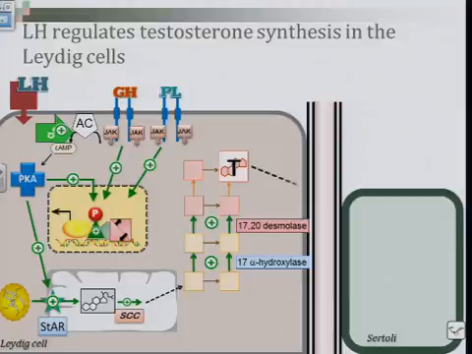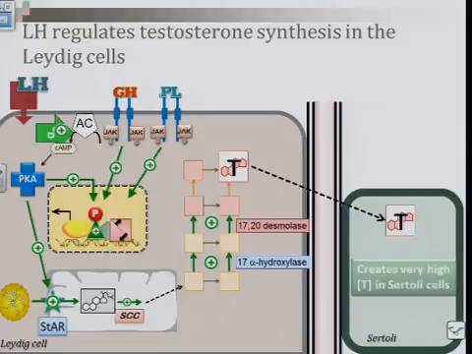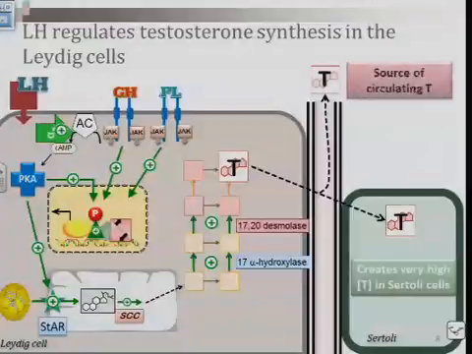The testosterone then diffuses through the basolateral membrane into the Sertoli cells, where it creates very high localized concentrations of testosterone, which is absolutely required for spermatogenesis. That's also the source of circulating testosterone in men.